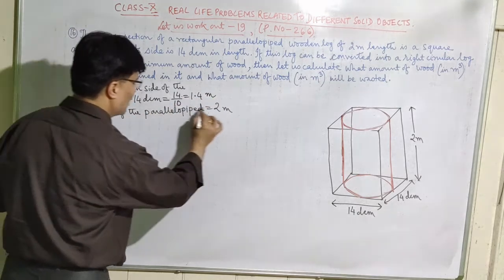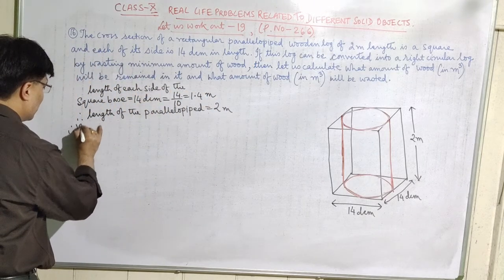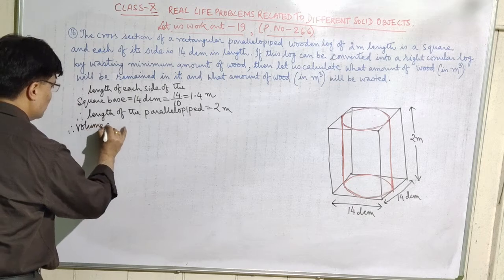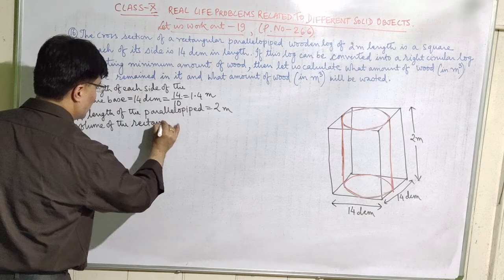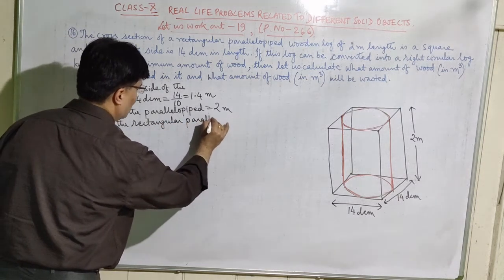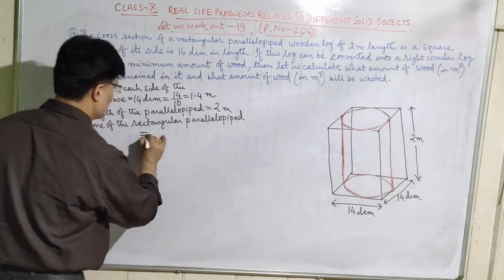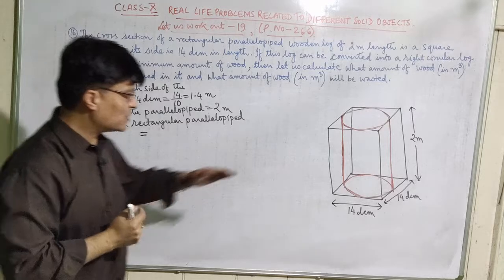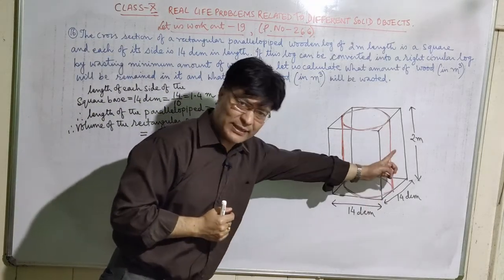So what is the length of the parallelepiped? That is 2 meter. So what is the volume of the rectangular parallelepiped? The base is a square, that means length is equal to breadth.